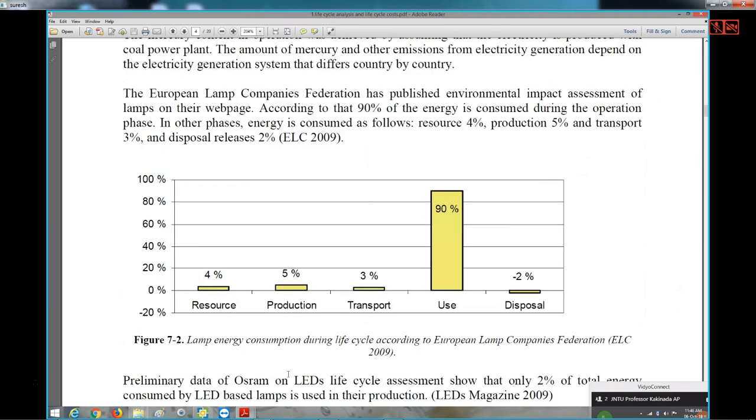Lamp energy consumption during life cycle is shown like this: resources 4%, production 5%, transport 3%, then use that takes 90% of its life, then disposal as minus 2%. So this is the life cycle bar chart representing lamp energy consumption.